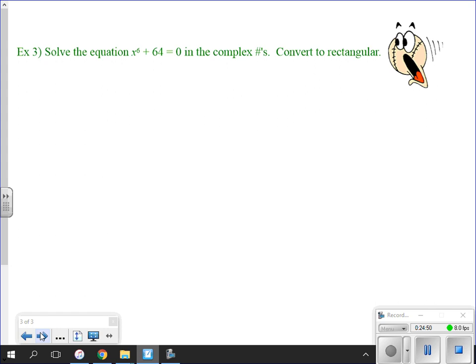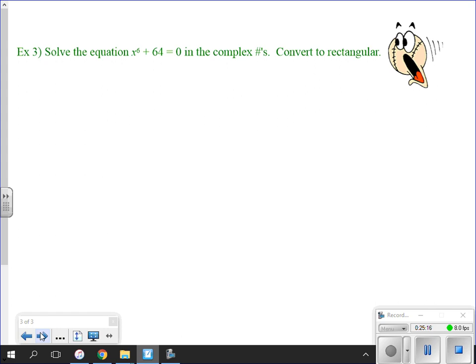Notice it says in the complex numbers, because are there any real solutions? No, because what would be the smallest possible value of x to the 6th? In real numbers, the smallest value would be 0, and it would never be negative because anything to an even power would be positive.